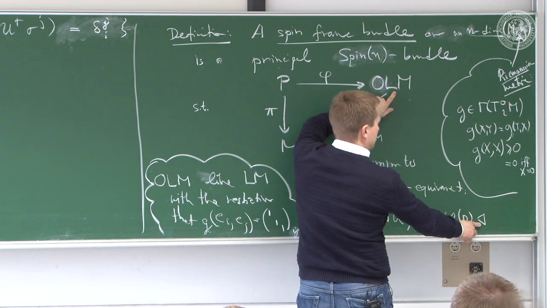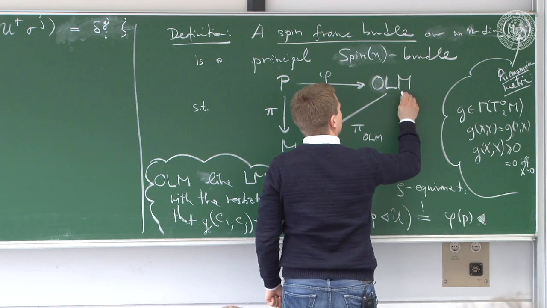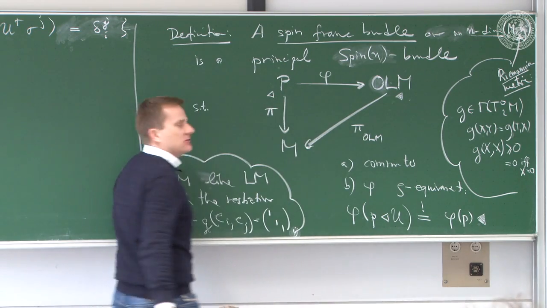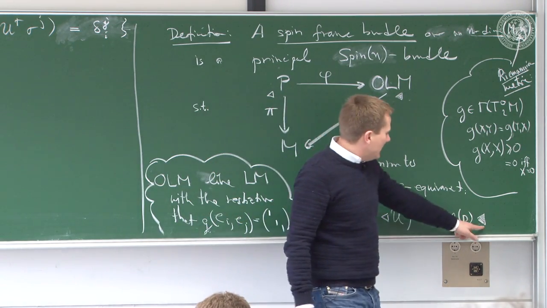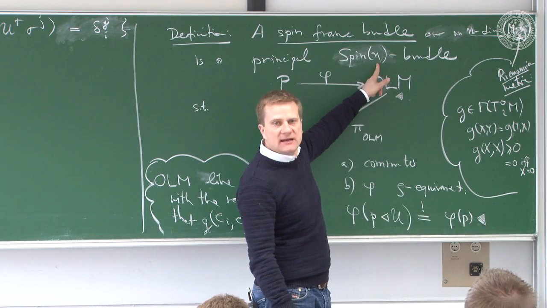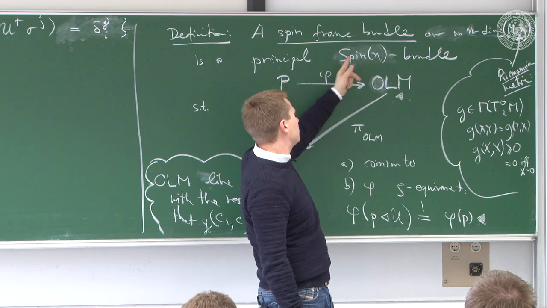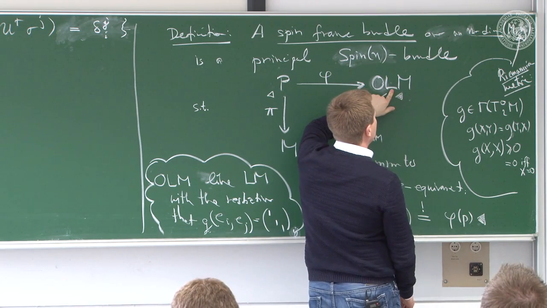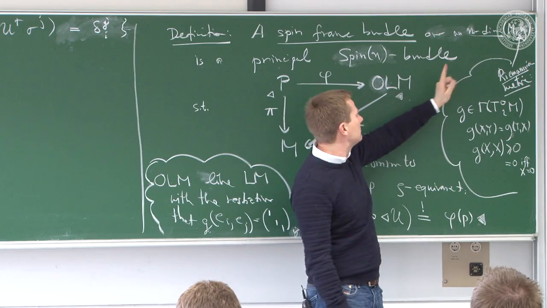It's another right action on here, so I should make this the solid right action. So this principal bundle comes with the solid action. This principal bundle comes with the non-solid action. It's a different bundle. But I cannot act on here with Spin(n), because Spin(n) only acts on here, by definition. But I can, of course, act on here with SO(n), if this is an n-dimensional manifold.